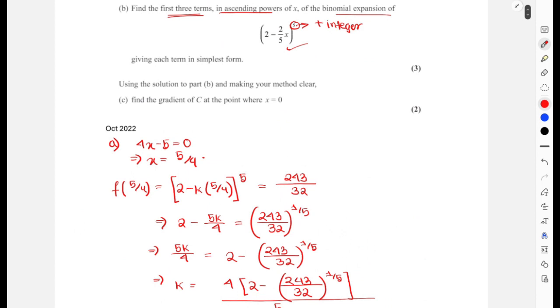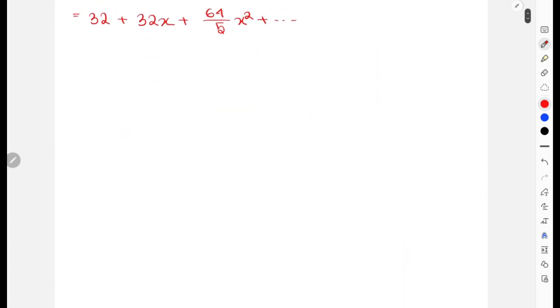Now part C is not related to your concepts about binomial expansion. This is entirely related to your concepts about gradient differentiation. Okay, now they are saying that using the solution to part B and making your method clear, given that the gradient of C at the point where x is equal to 0. I mean, that's just easy to work with.